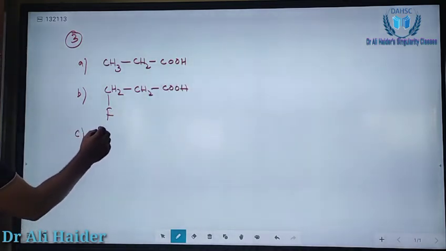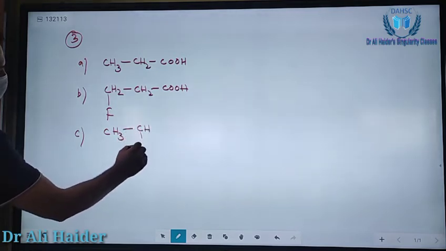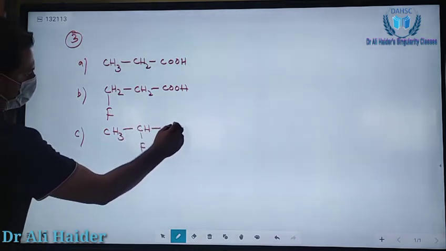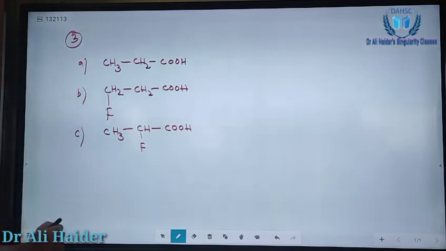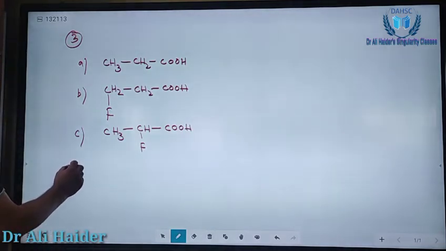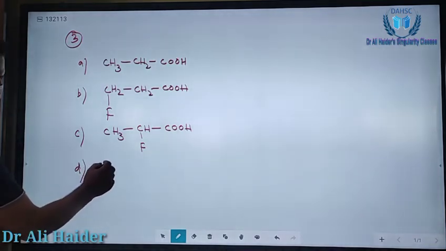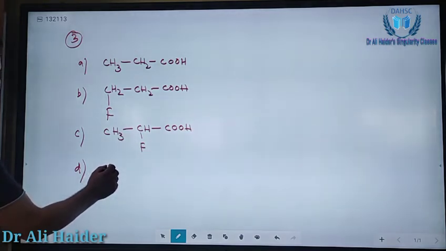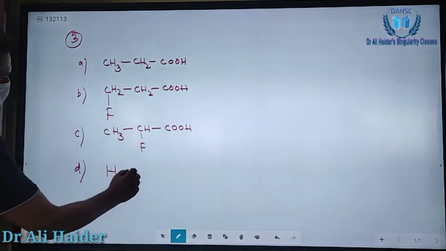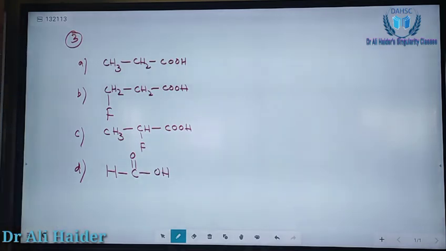Molecule number C is CH3, single bond CHF, single bond COOH, right? D part, if we write it like this, H C double bond O, OH. So what will be the decreasing acidity of it?